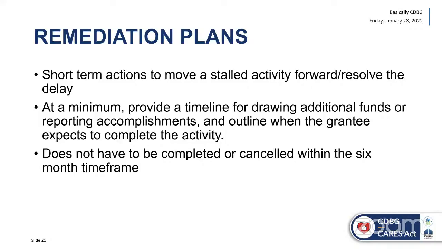Now, if the grantee submits a remediation plan and before HUD has a chance to approve it, you want to make a change to that, you can update and make some kind of a change to it. But once it's been approved, then it is set in stone.